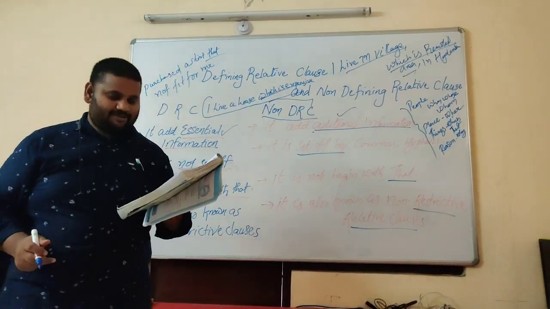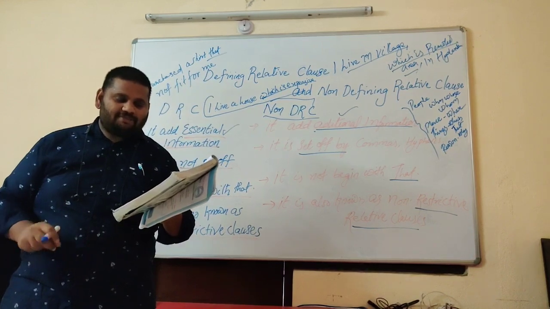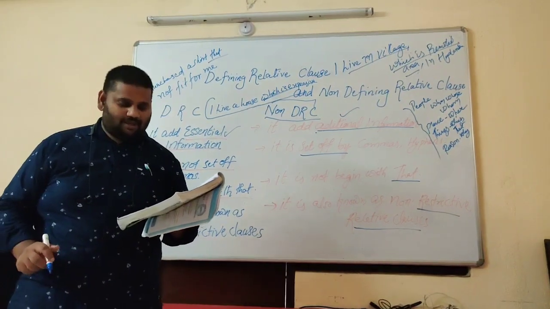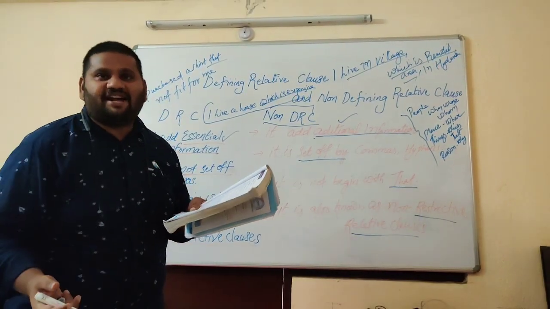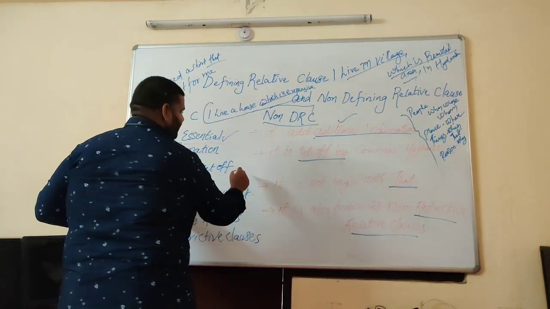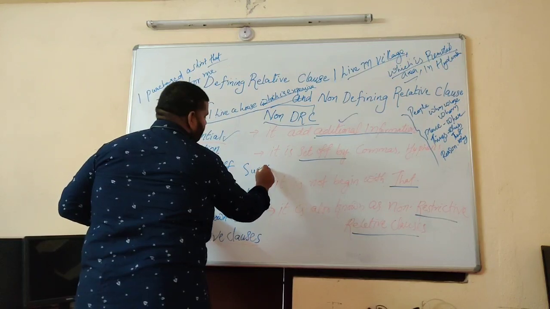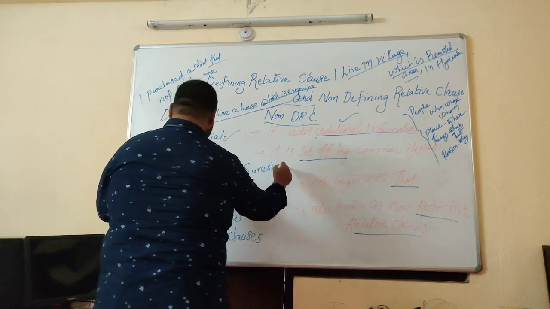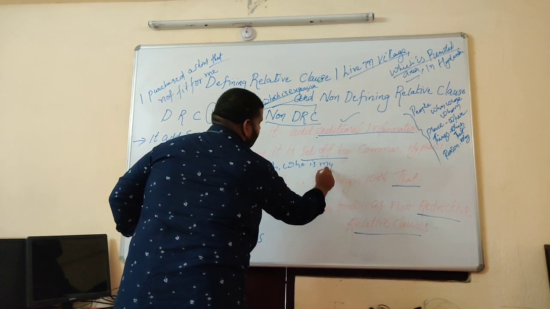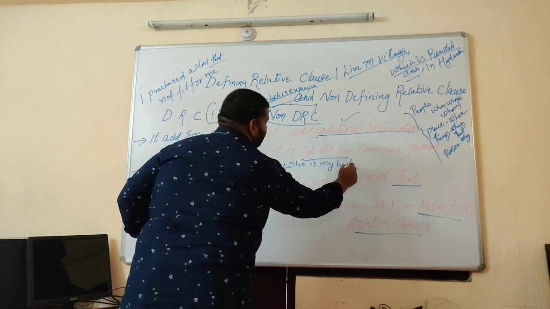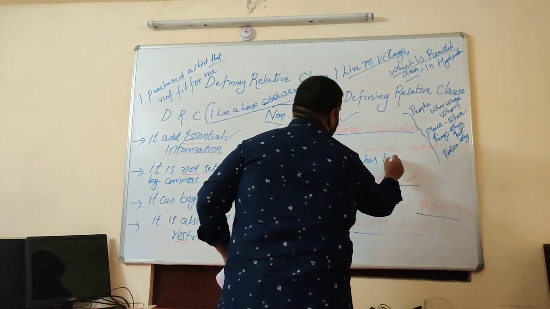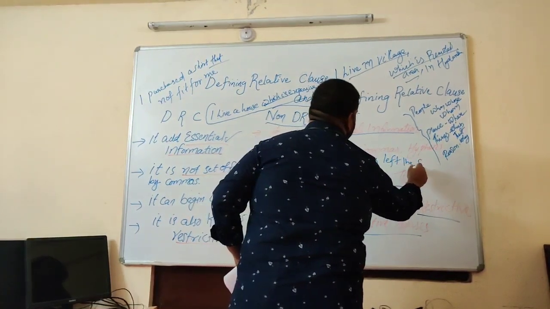Now the third question. Suresh, who is my friend, has left the school just now. Here I have added extra information followed by a comma. That means you can add here: Suresh, comma, who is my bestie, comma, has left the school.